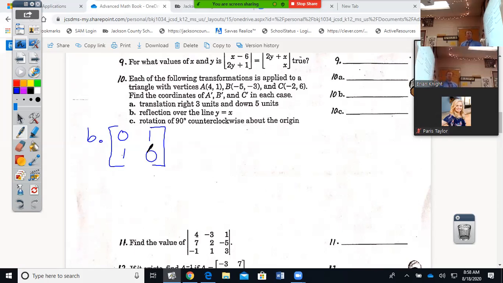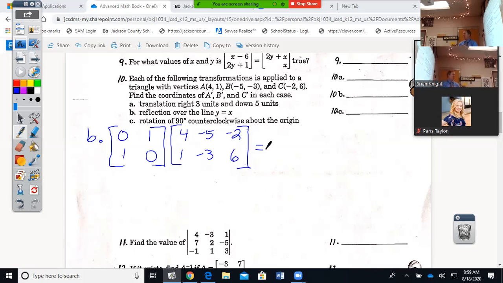Remember, if you multiply by 1, 0, 0, 1, you're not changing anything. That is the identity matrix. It doesn't change it at all. So this times, again, my matrix 4, 1, -5, -3, and -2, 6. And what does this mean we do with the x's and y's when it's this matrix?